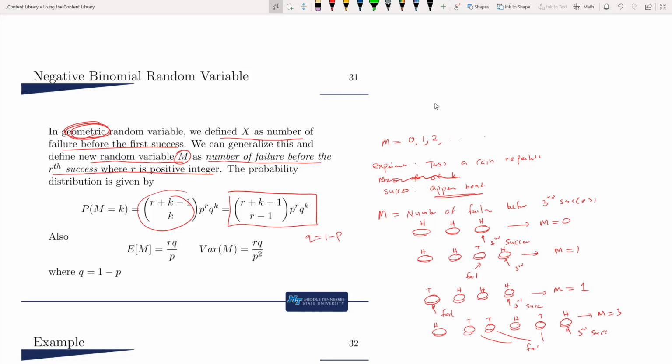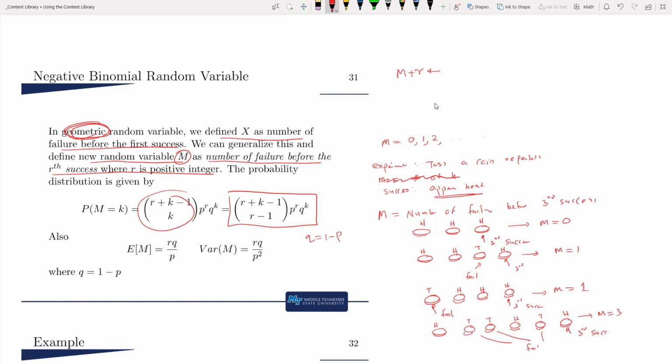Now there is a different formulation of the negative binomial distribution. If you look at this one, let's think about Y plus r, I mean M plus r. What is this?